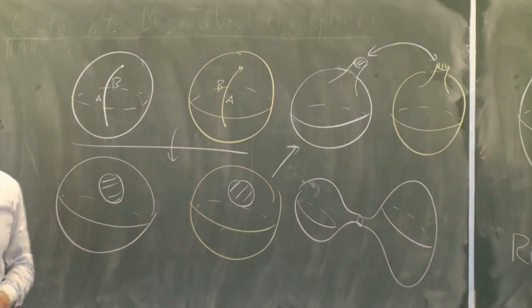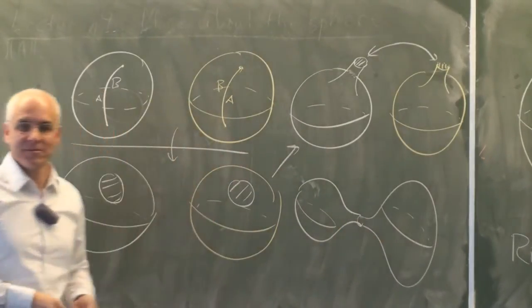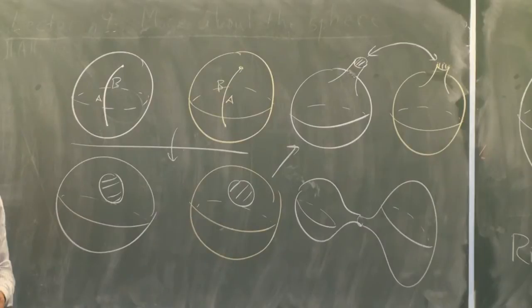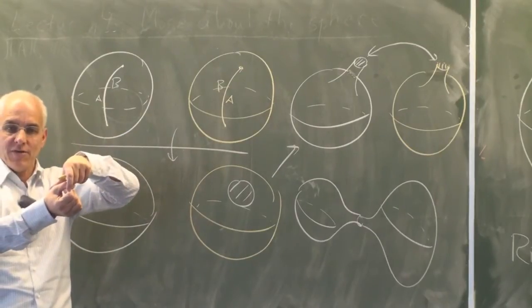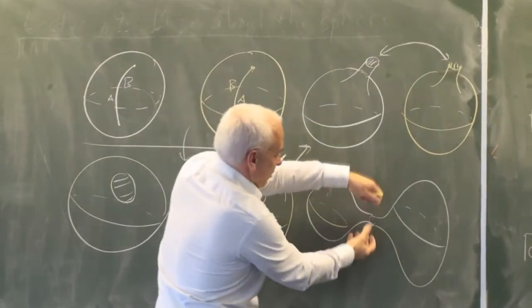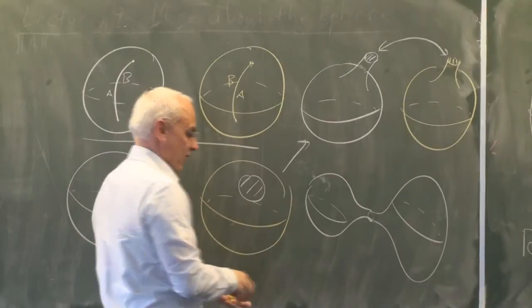And what's the resulting object? It's another sphere. It's still a sphere. It's just a sphere with we've sort of squeezed a neck out of it. But if we allow this to blow up and we pumped air through it, it would become rounder again. It's still a sphere.